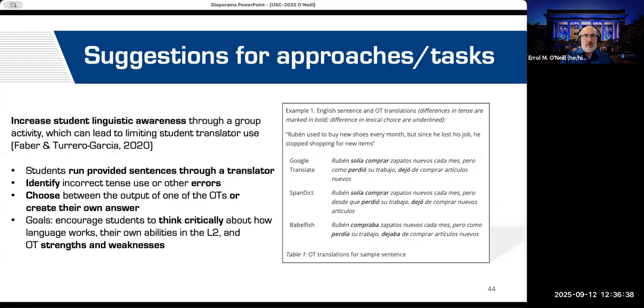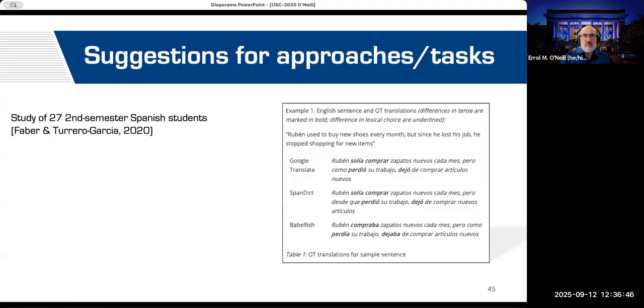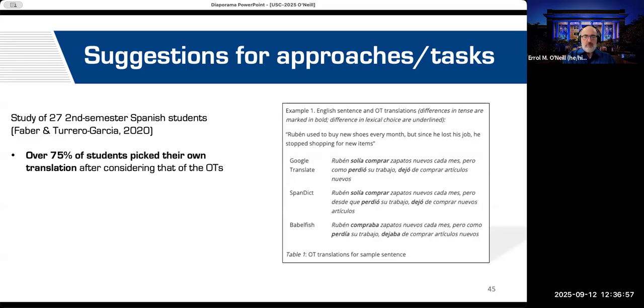That way they were thinking critically about what came out of the online translators instead of just assuming that it must be correct because the computer said it. And there were 27 second semester Spanish students, and over 75% of students picked their own translation. So they had the option of using the translation from online translators, but they chose to do their own instead.